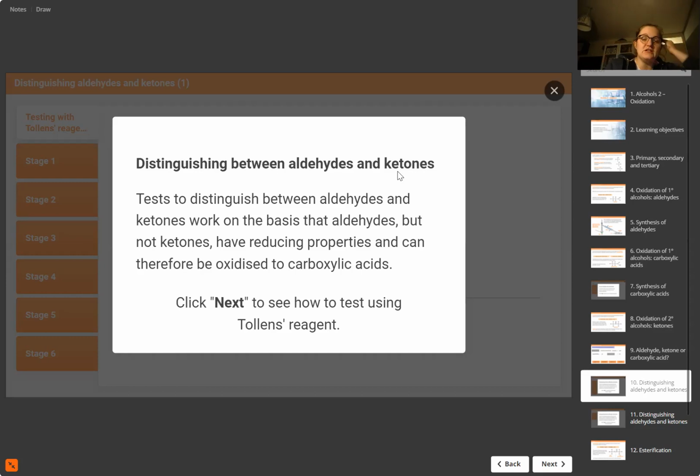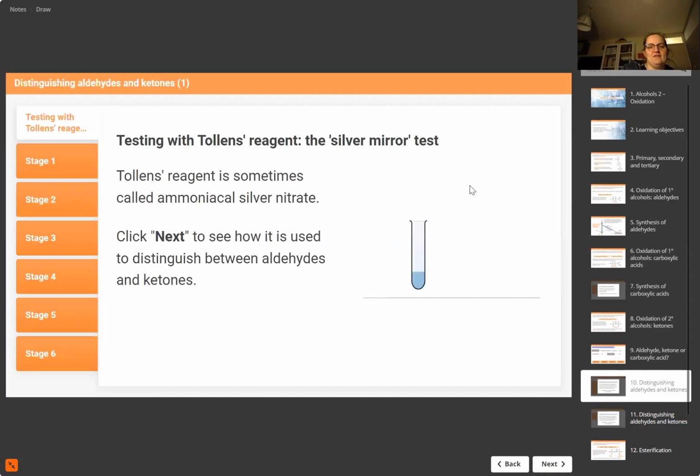The tests that distinguish between aldehydes and ketones work on the basis that aldehydes, but not ketones, have reducing properties, and therefore they can be oxidized to carboxylic acids. So basically the whole way we can test is looking at whether they can oxidize to carboxylic acids.